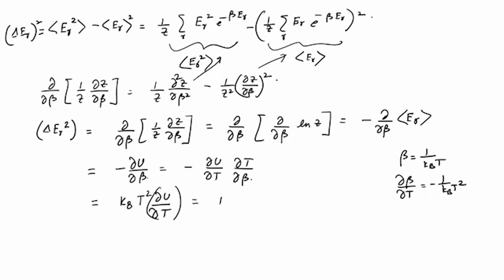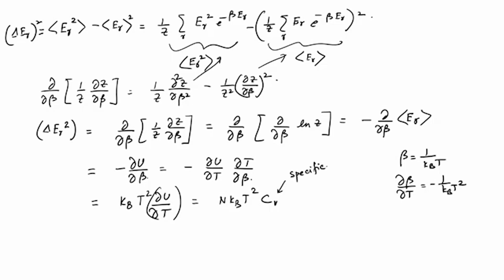and this is nothing but N kT square times the specific heat, del U del T. There is no rhyme or reason that we should consider it at constant volume, but let me still write it as C_V just to make sure that this is the specific heat.